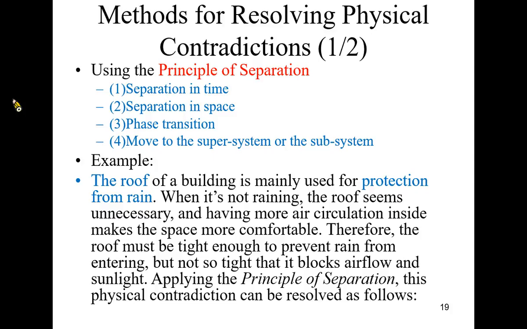So the roof should be tight enough to prevent rain from entering, but not so tight that it blocks airflow and sunlight. Now we apply the principle of separation to this physical contradiction. Why do we consider it a physical contradiction? Because the parameter is the same: we are talking about the same parameter, the roof.